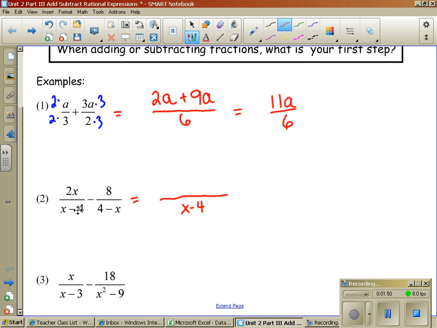So what does this side need? Nothing, because the denominators match. What does this side need? What do I have to do to this denominator to get this? Multiply by a -1. So here we have 2x minus a -8, so plus 8. And then continue to simplify.